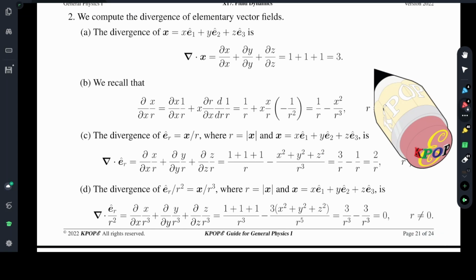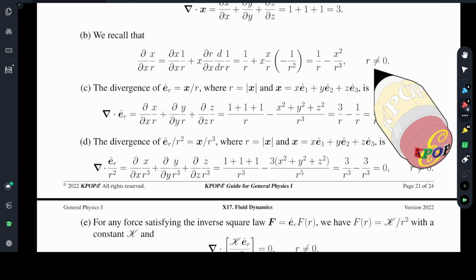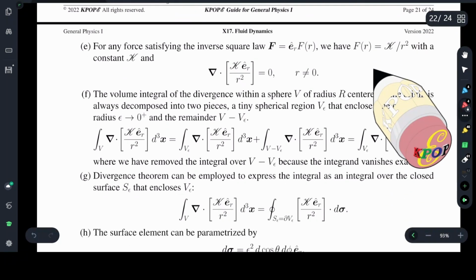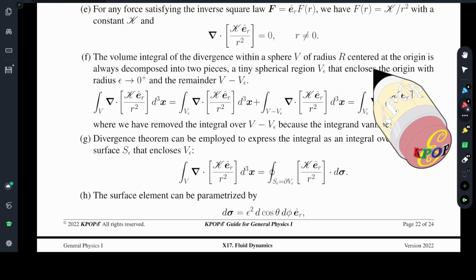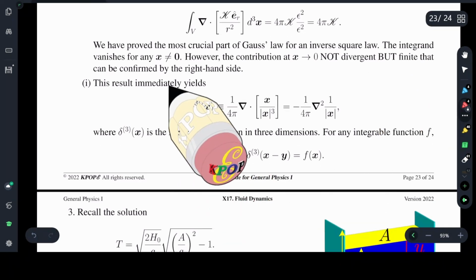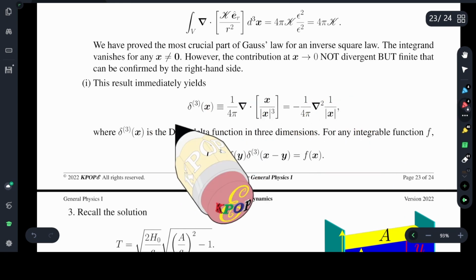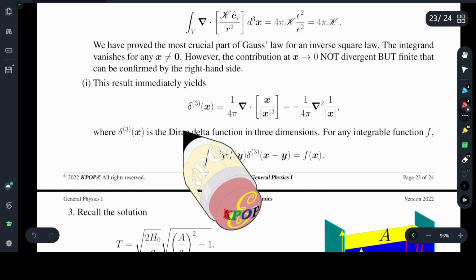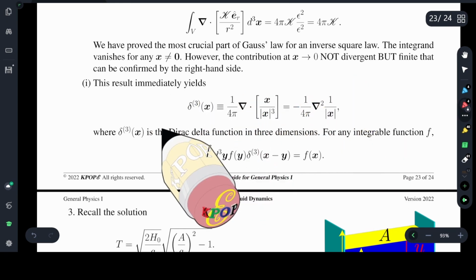And these are examples of application of the divergence theorem for the Gauss law. And later we will review this for the gravitational field. And next semester, we will apply this to the electric field that represents the Gauss law. And at the end of the day, you will find a very interesting function whose integral is just one.